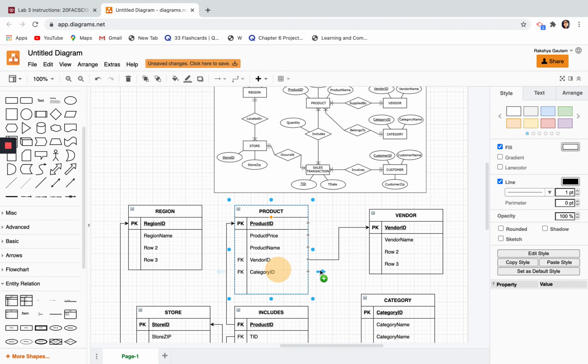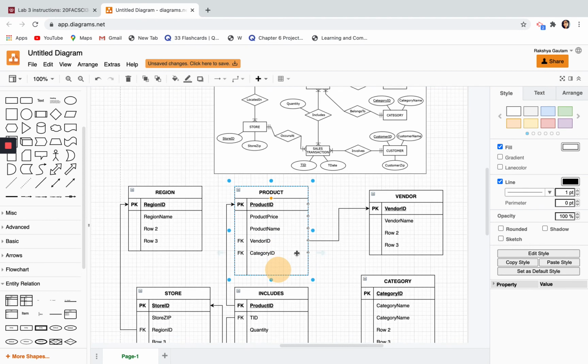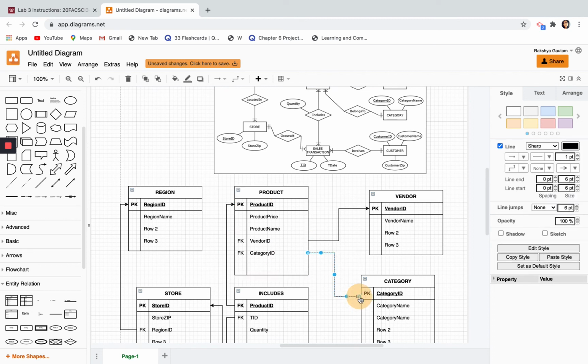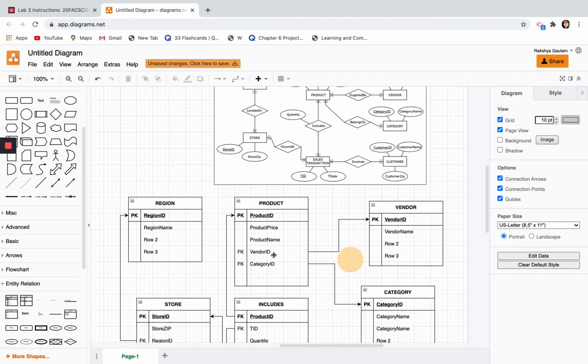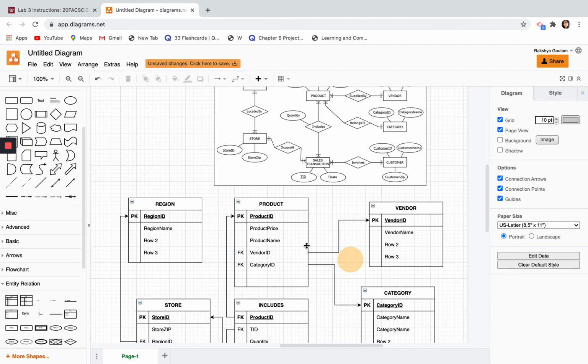Let's connect this. So we have got the vendor ID and category ID as foreign keys for a product, which we connect to the primary keys over here.